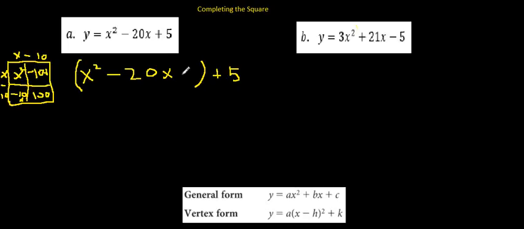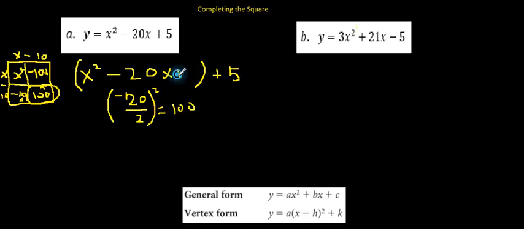You can also find this 100 that we're adding to the equation by taking half of minus 20, divide it by 2, which is going to be a minus 10, and that's what we get over here, minus 10, and then you square it, and it's going to equal 100.